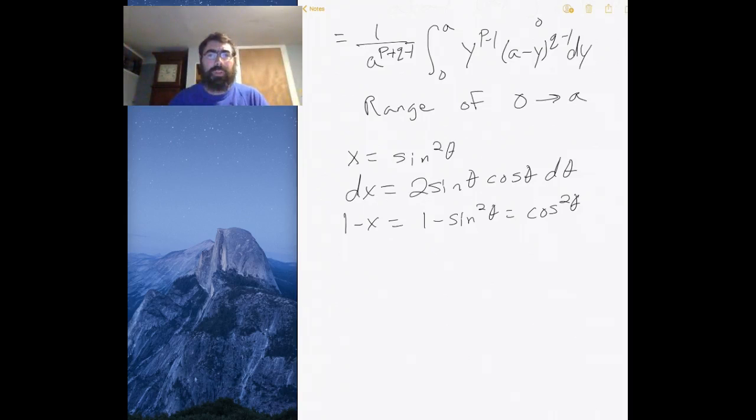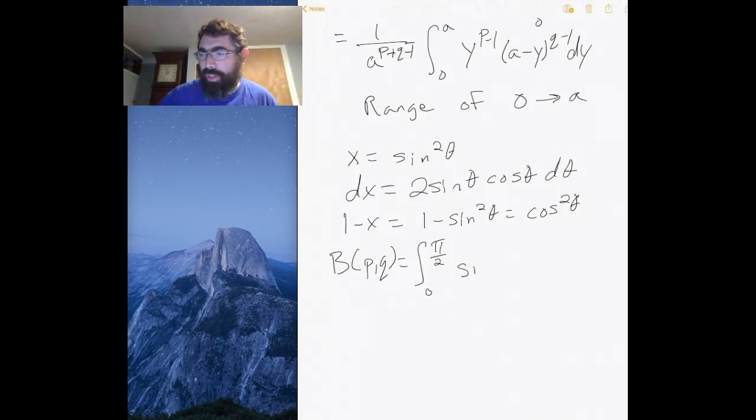So now what I'm going to do is put that into my equation for the beta function. The limits now would be 0 to pi over 2, because that's when sine squared of theta is equal to 1. So it's 0 to pi over 2.